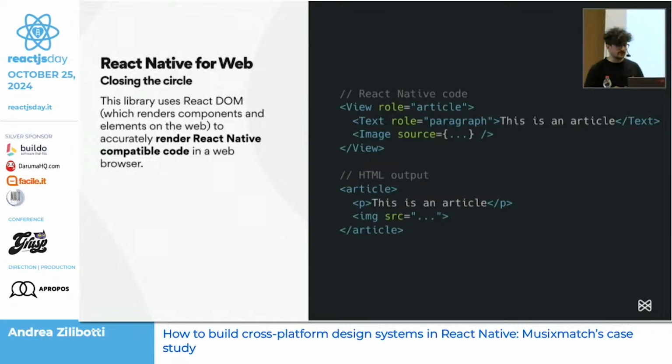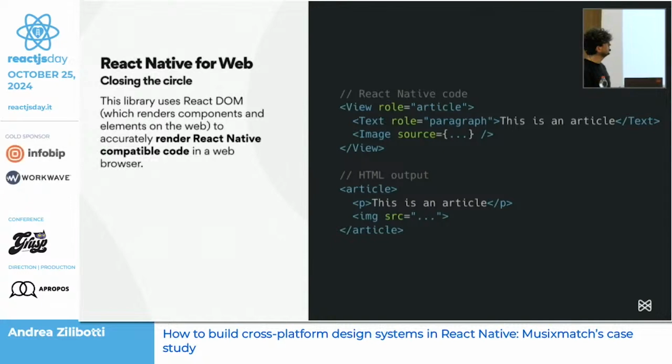Essentially, this library uses React DOM to render React Native code on web. So, for example, here you can see building blocks provided by React Native, very generic elements like view, text, and image, and React Native Web translates everything into semantic HTML output.